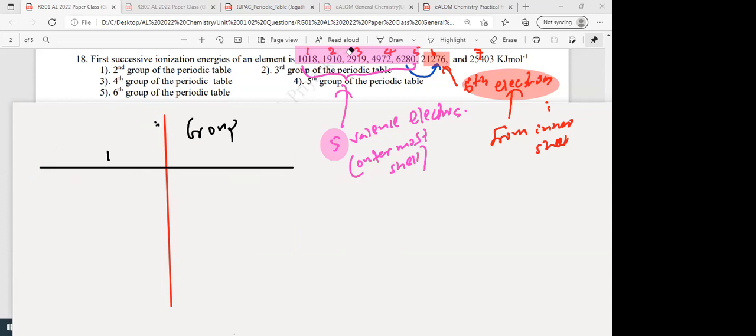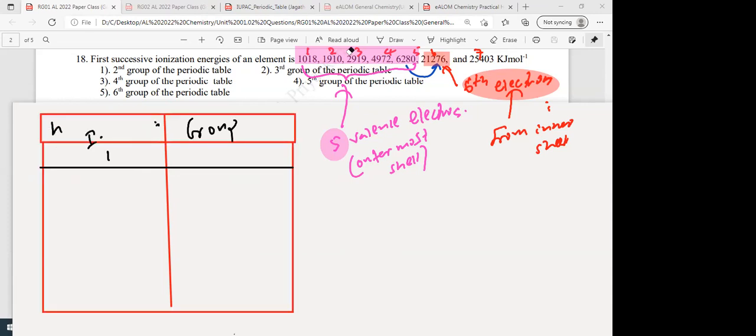That also you can write here. If first ionization energy is highest, it belongs to group 8. Right. If second ionization energy is highest, it belongs to group 1. Second ionization energy highest means it belongs to group 1.